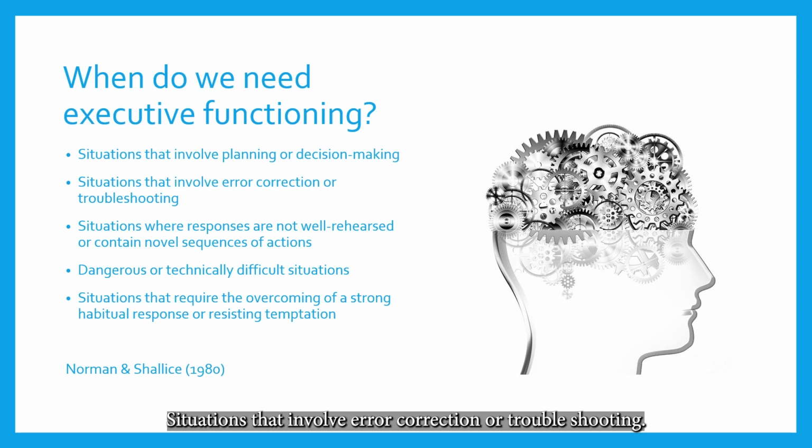Situations that involve error correction or troubleshooting. So you need to both recognize your error and then determine how to adjust. Situations where responses are not well rehearsed or contain novel sequences of actions. So rather than something that's routine, adapting to new conditions, processing new information, and utilizing it appropriately.